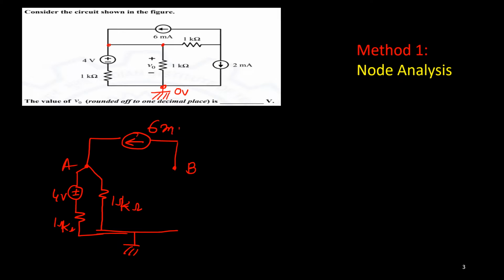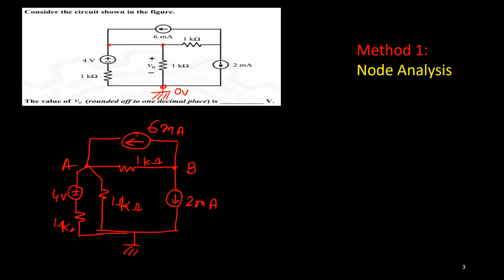Then 1 kilo ohm is also connected here. So this is your 2 milliampere.